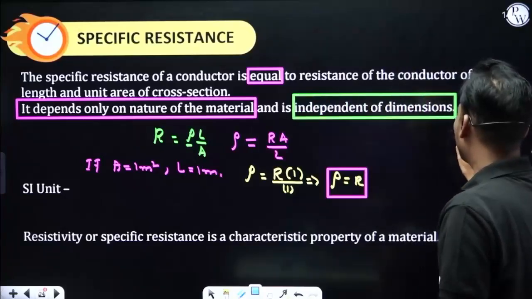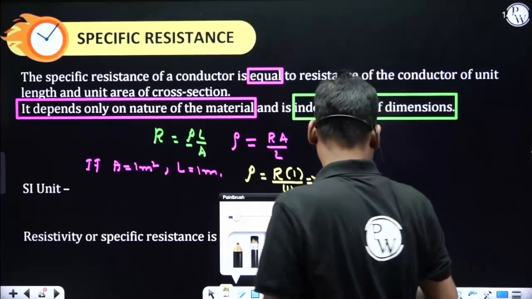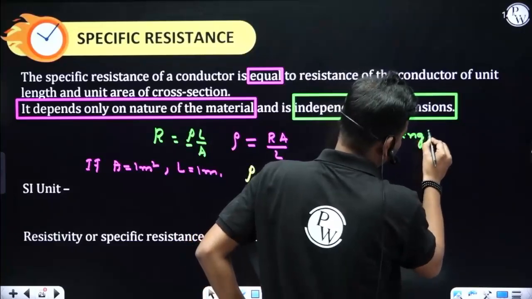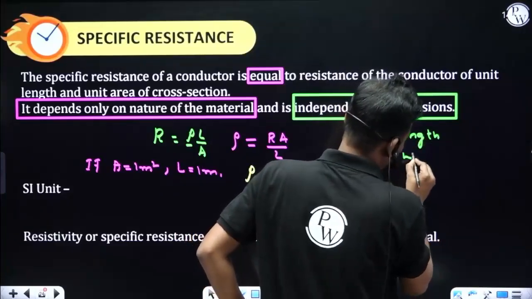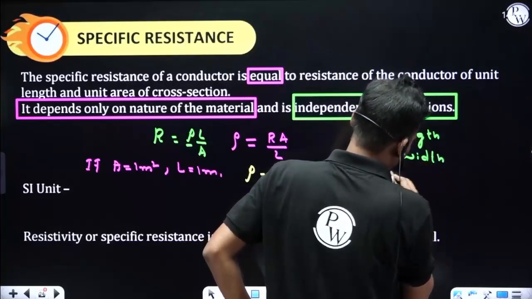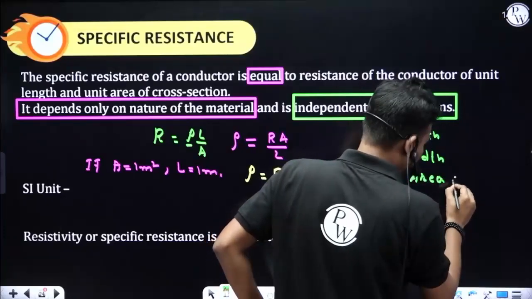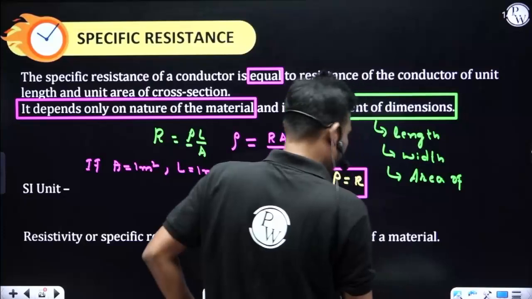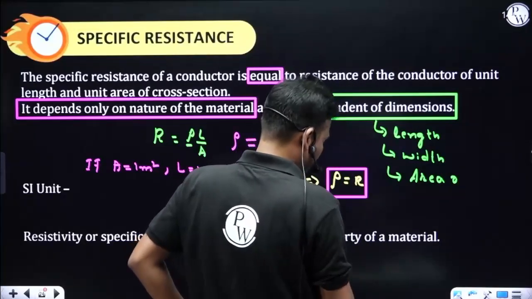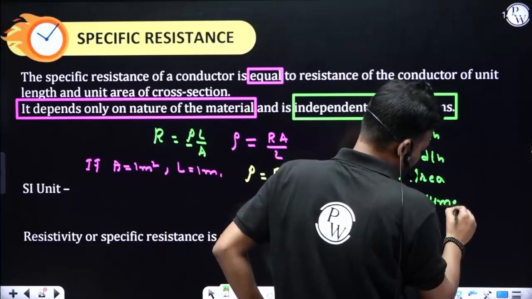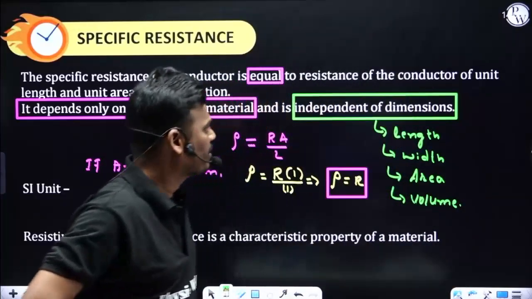And it is independent of dimensions. Dimensions means maybe length, maybe width, maybe area of cross section, or else volume. So what exactly does this mean?